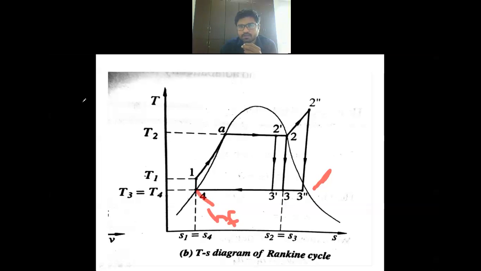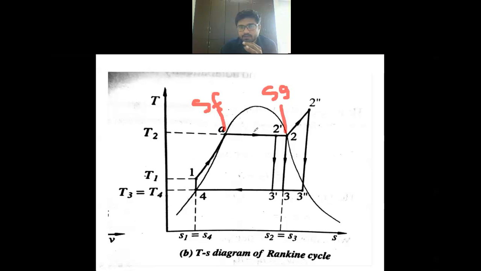Now we will talk about the entropy. Here it is not necessary to remember the formula. Clear? If our entropy is here, then sf. If here, sg. Right now we are talking about boiler pressure.